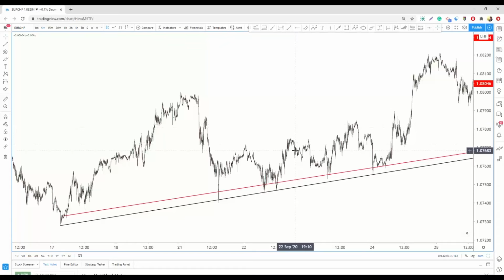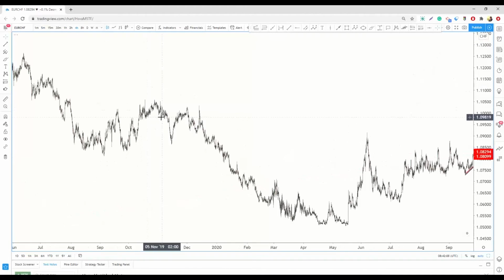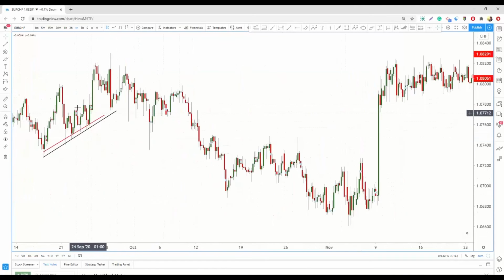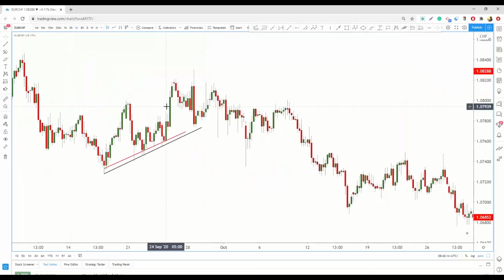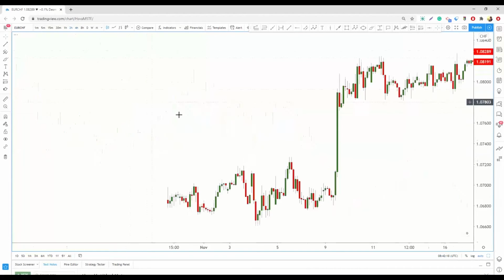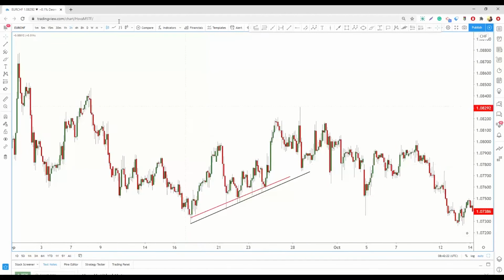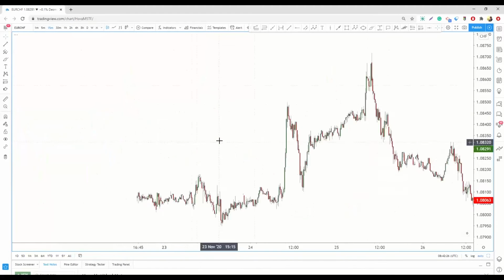Now, why does black look nicer? Even if you go into the 4-hour time frame, to me black looks nicer. 4-hour looks nicer, 2-hour probably looks nicer, 1 hour, even going down to the smaller time frames, black looks slightly nicer.